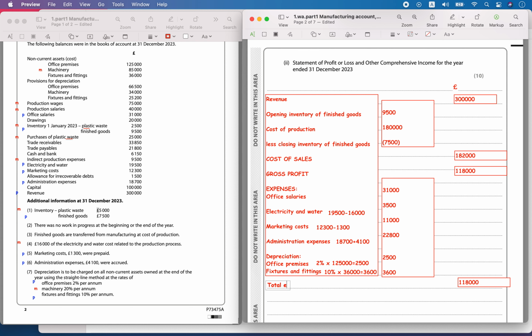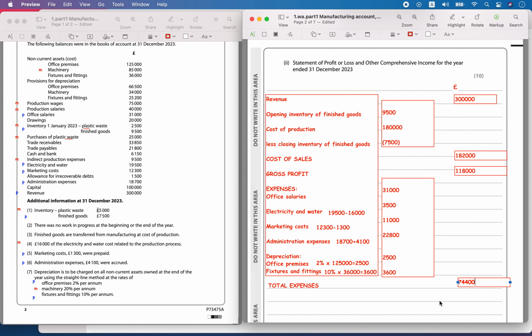That is going to give me the total expenses. Add up all this: 31,000 plus 3,500 plus 11,000 plus 22,800 plus 2,500 plus 3,600. That should be around 74,400.